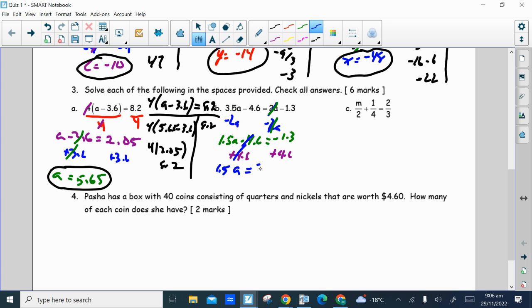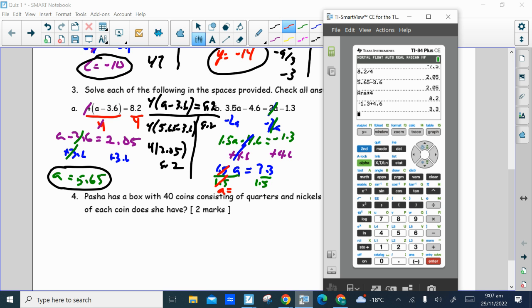And then finally, we would divide both sides by the 1.5. So the 1.5's cancel, and you'll have a by itself. And on the right side, 7.3 divided by the 1.5.